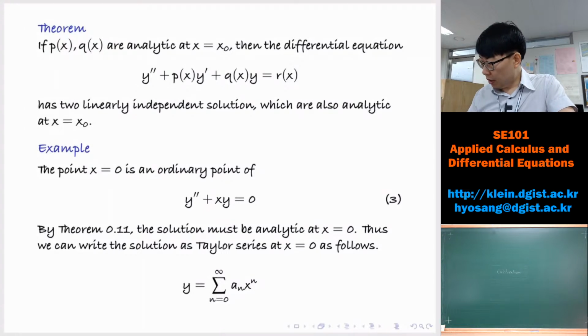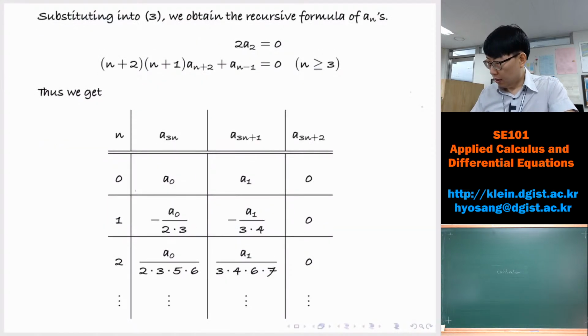Also, we calculated one series solution with 0 as the ordinary point of this particular differential equation, and the method was to expand all the power series and then compare the coefficients.